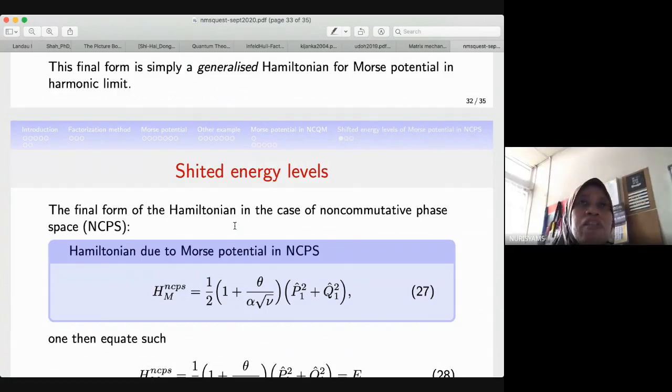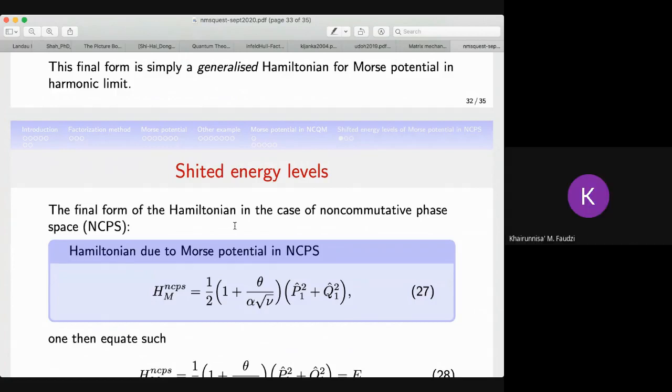I think Nadira presented this for the Morse potential part. The deformation of the operator is difficult because of the exponential part. It's non-linear. It's difficult to have a combination of your Bopp shift in the exponential. That's the problem.